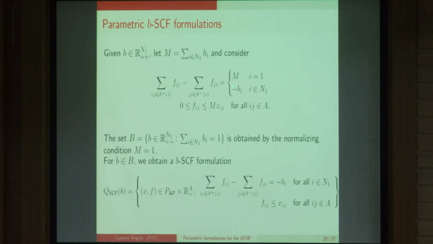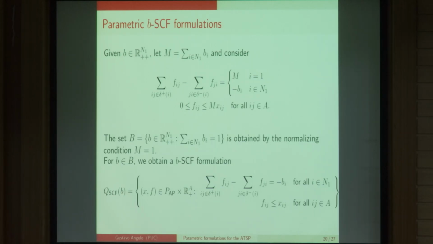And therefore, the supply from node 1 has to be equal to the overall demand, which is positive. So we have here the positive demands, we have the overall supply, and we have the same BGM constraint here. Again, we notice that any choice of a positive demand here will lead to a valid formulation for the TSP.